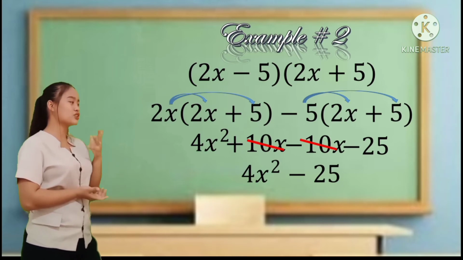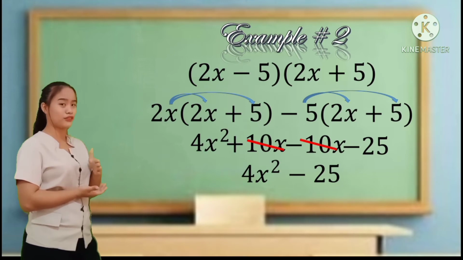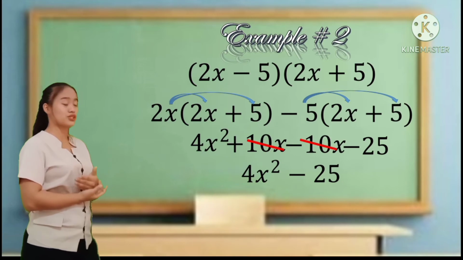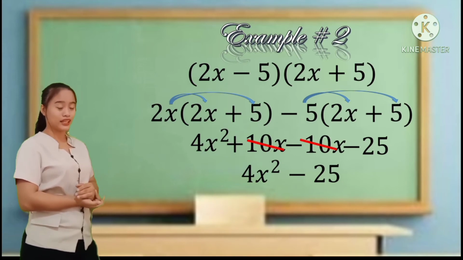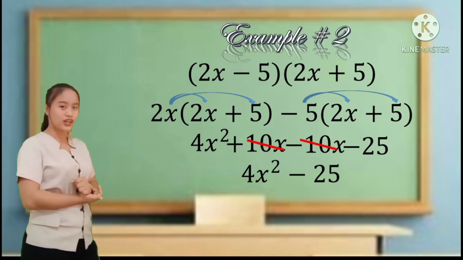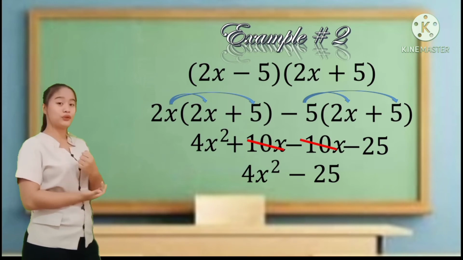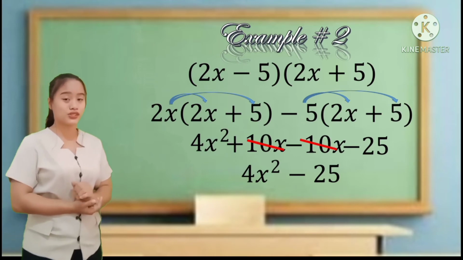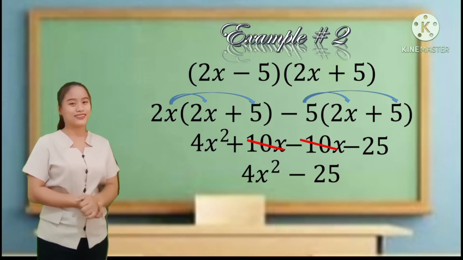Okay, class, can you try to solve this one using the FOIL method to prove that our answer is correct? Can you do that, class? Okay, very good. I will give you two or three minutes to answer this problem. Good luck, class.